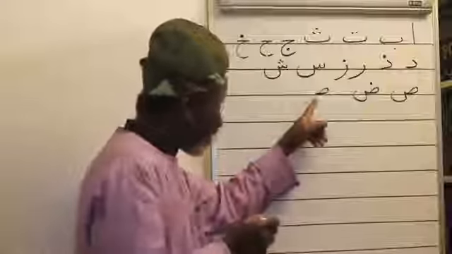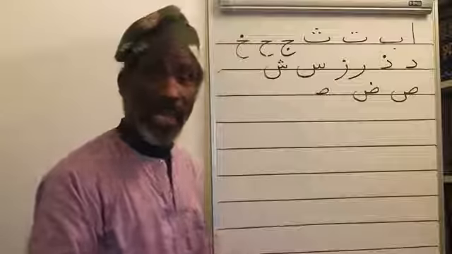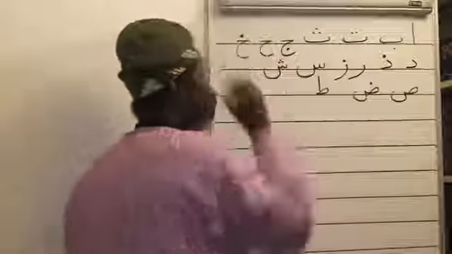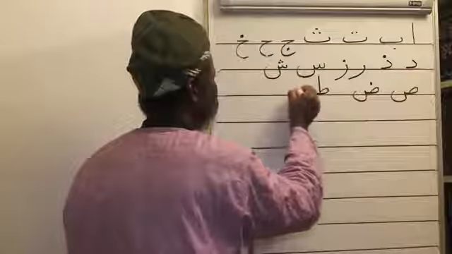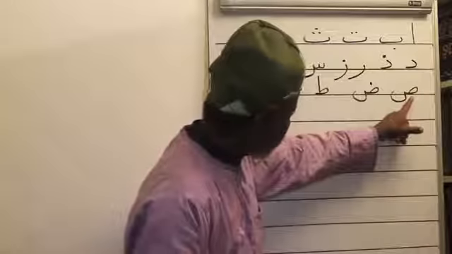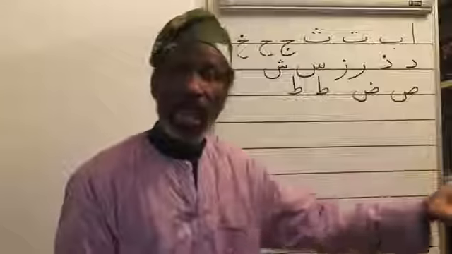But in this family, no tail. Instead, we have a line coming from top down. Next one in the family, the same shape, and then down. You can see the base of this, the base and the base and the base, they're the same.